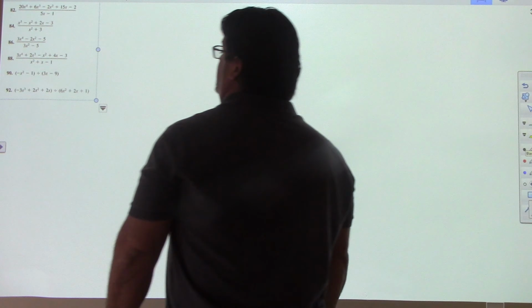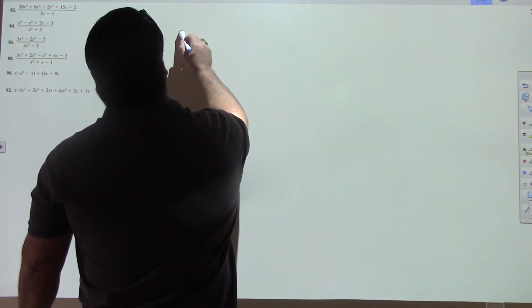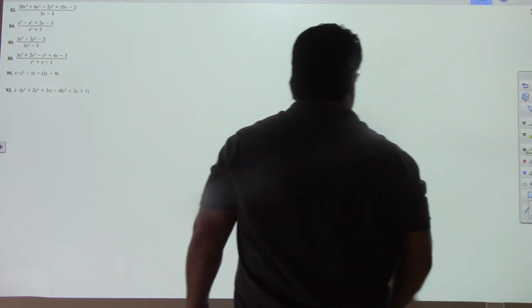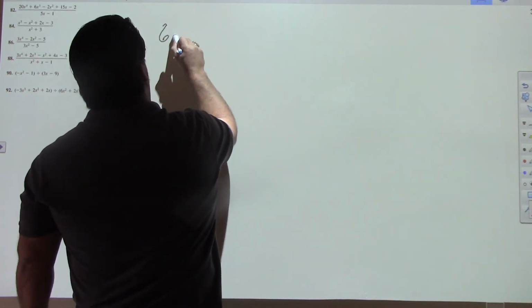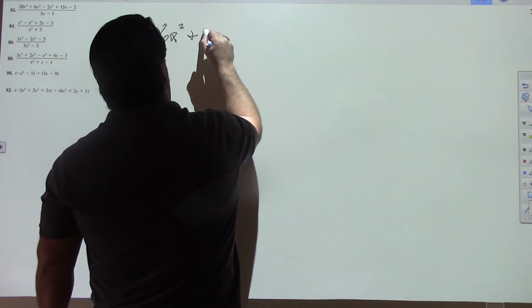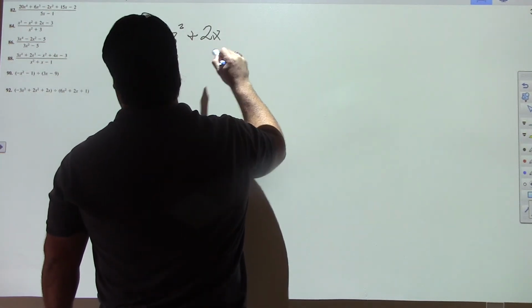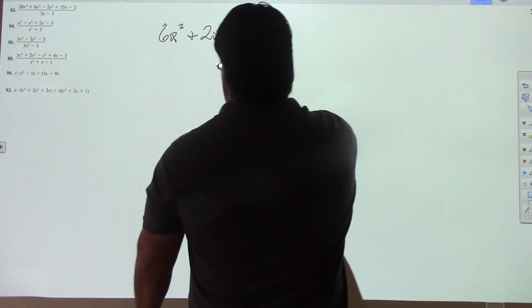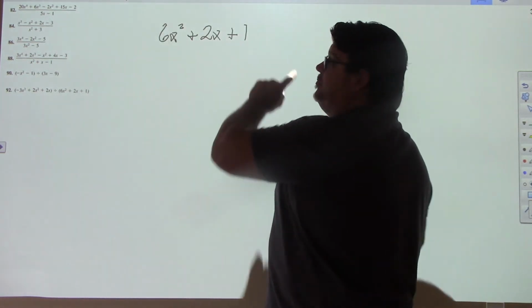So that's going to be 6x squared plus 2x plus 1. They're all there? Is everything there?